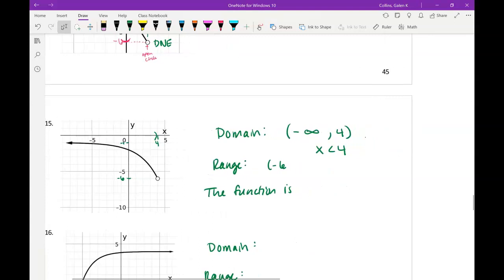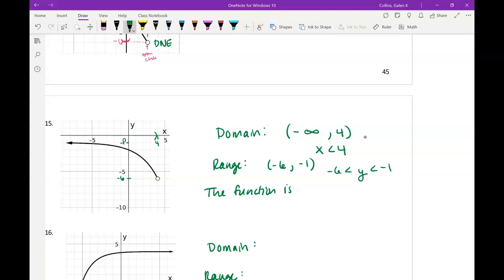But to be honest, we might need more information to know that for sure. I'm going to go with the range is from -6 to -1. I'll be honest with you, it's not super clear from this graph without knowing more information. You could also write this as y is less than -1, greater than -6. Remember, range is y values.